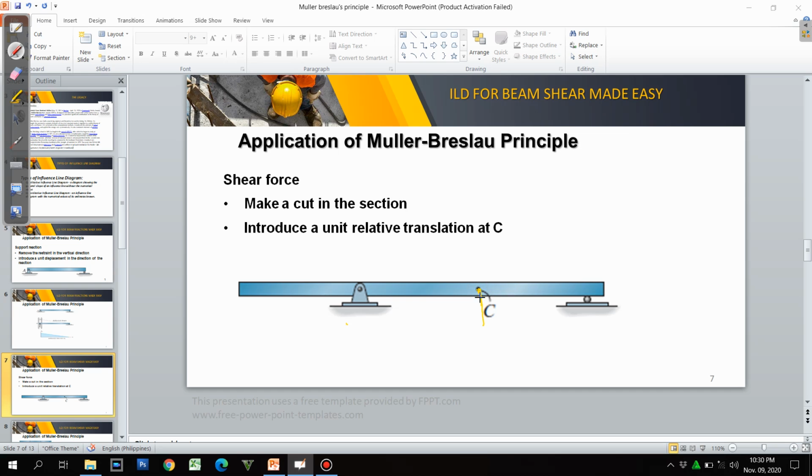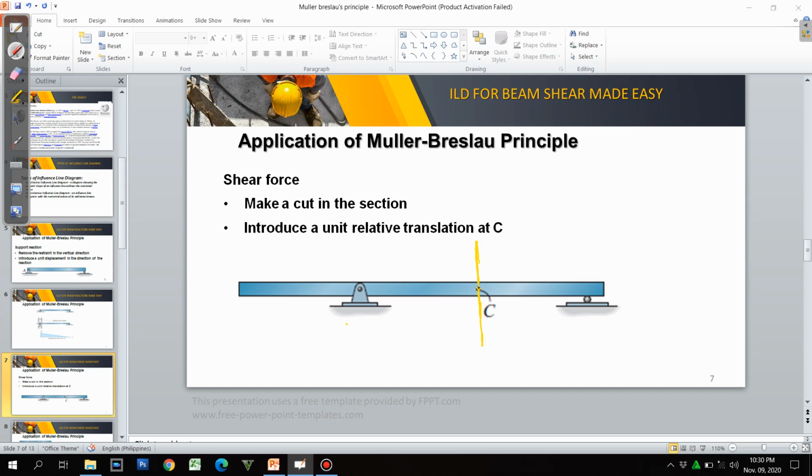See, this is the left portion. And the displacement at the right portion. So remember the just left and right of C.